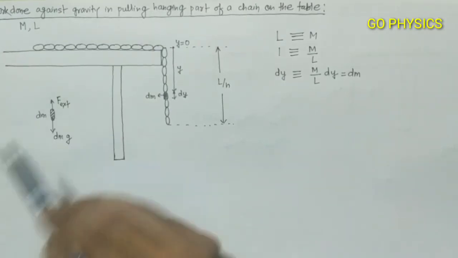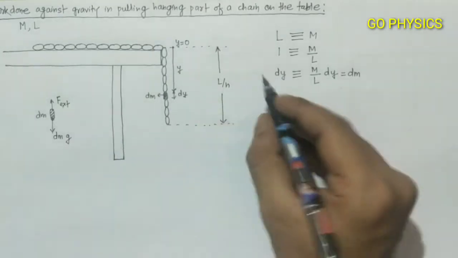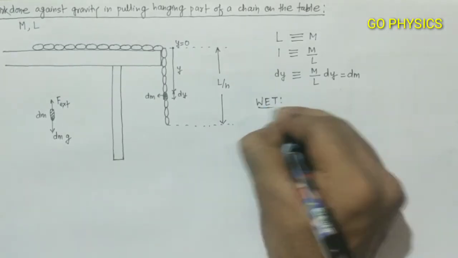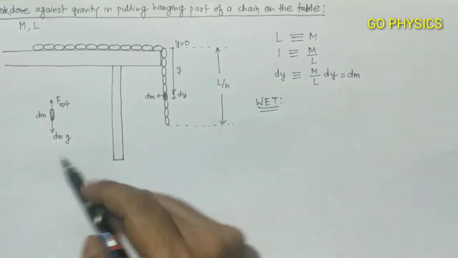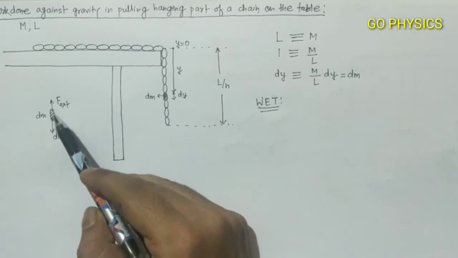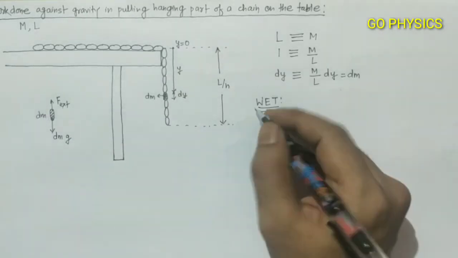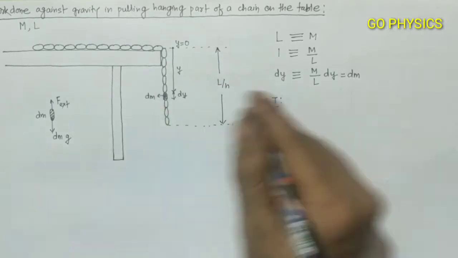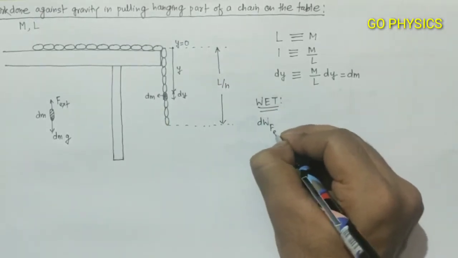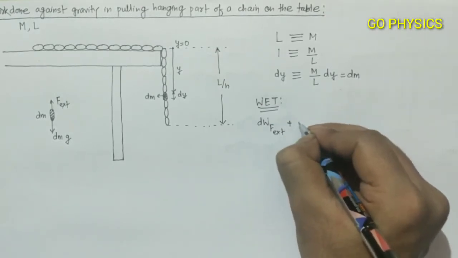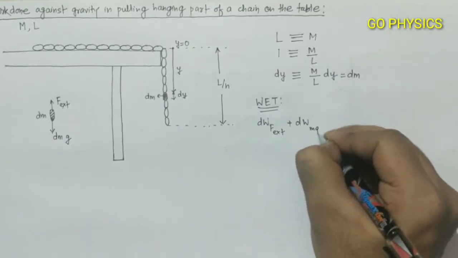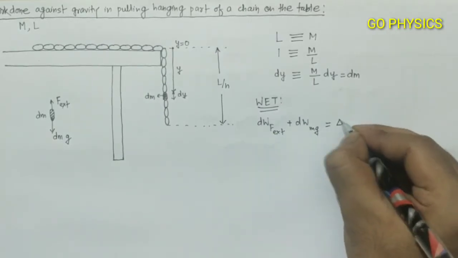So now we will apply the work energy theorem. From the work energy theorem, the small work to pull this small element over the table is dW, that is the small work done by F external, plus the small work done by the mg force, is equal to the change in kinetic energy.